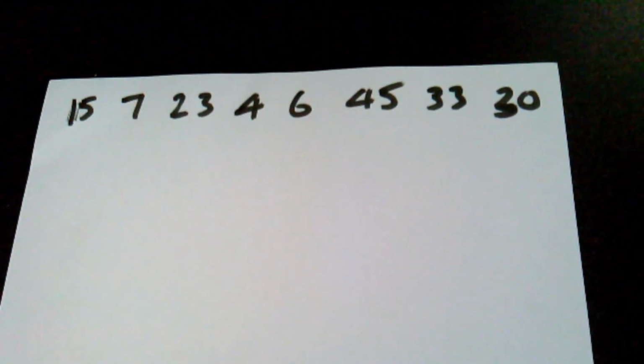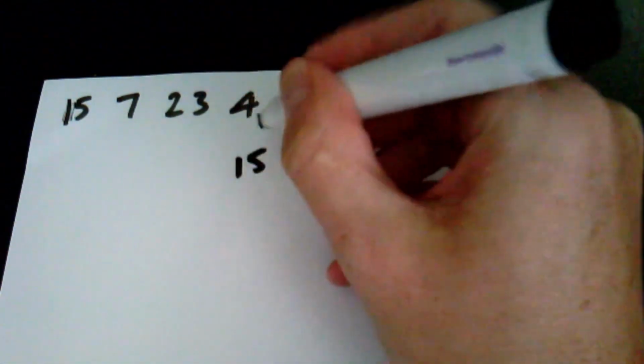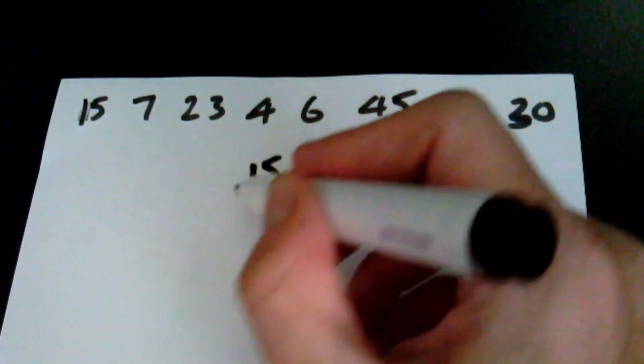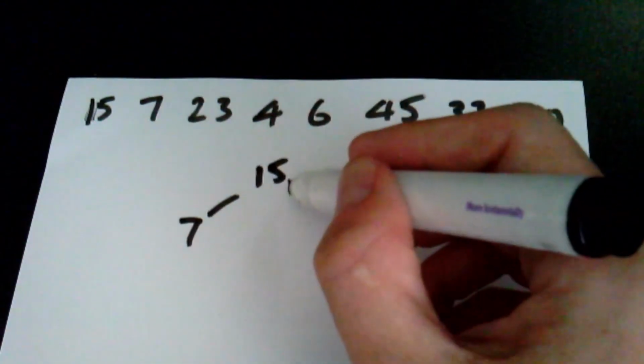So let's do the walkthrough then. We start with 15 as the root node. 7: go to 15, traverse left. 23: go to 15, traverse right.